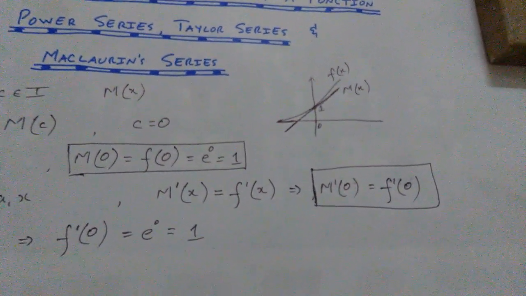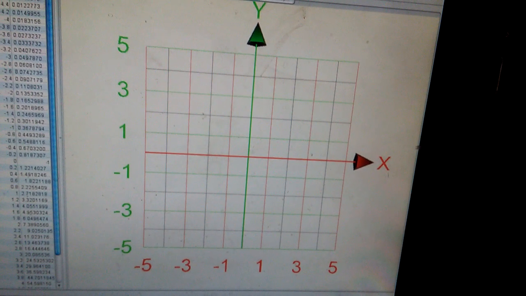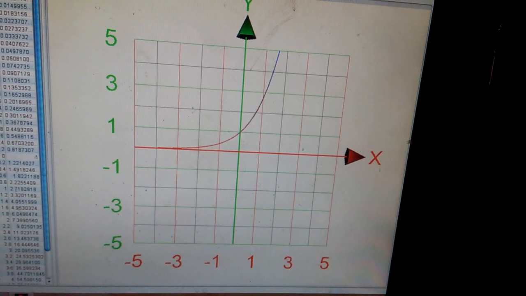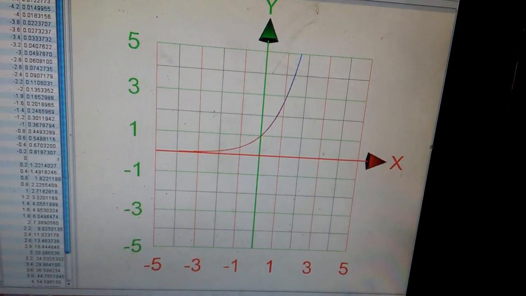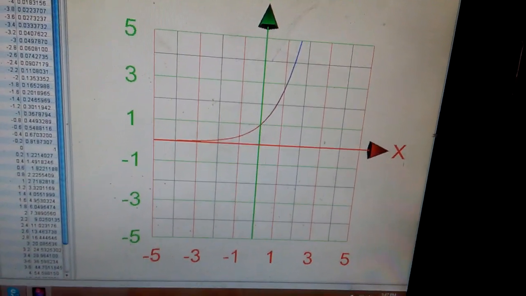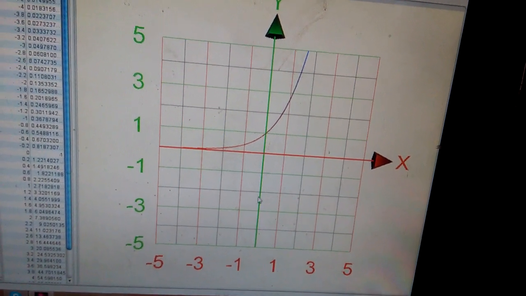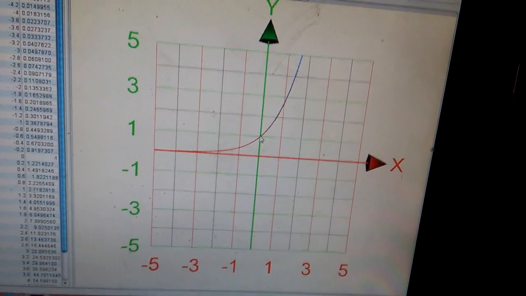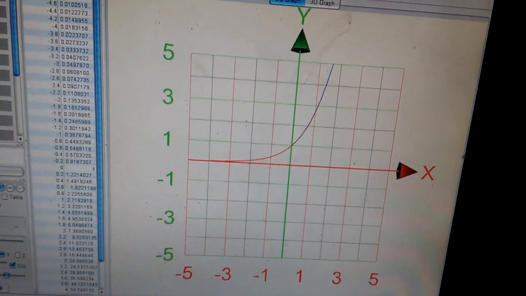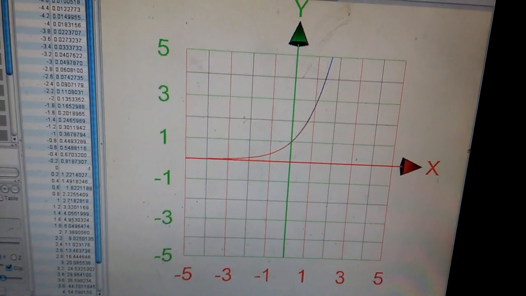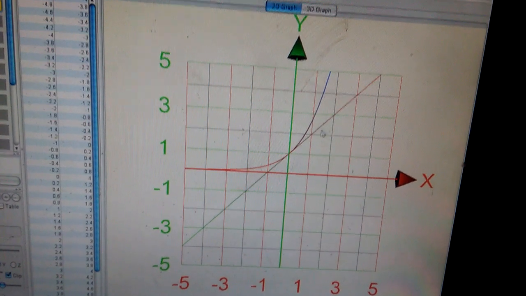So if I see the graph of m of x and f of x, my exponential graph is this. And the graph of 1 plus x, or m1 of x, is the linear polynomial.